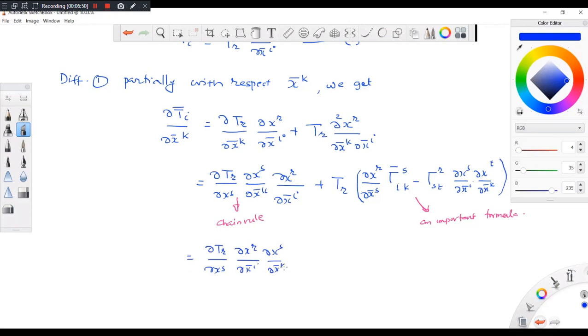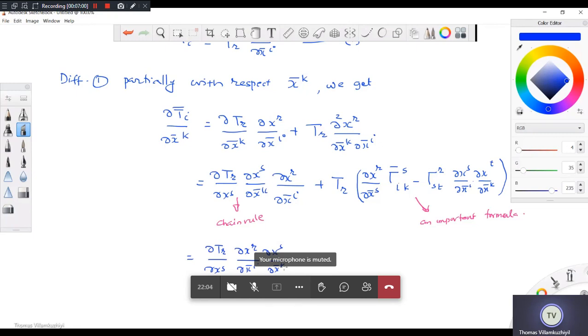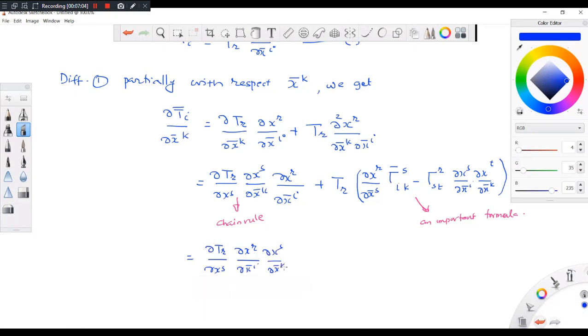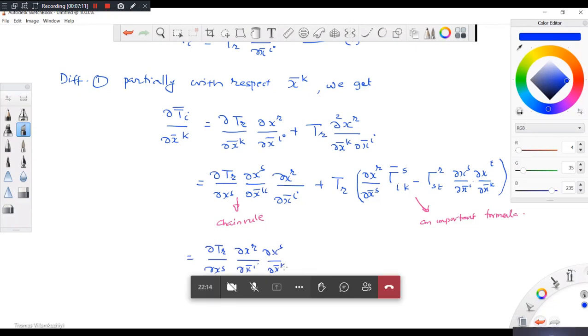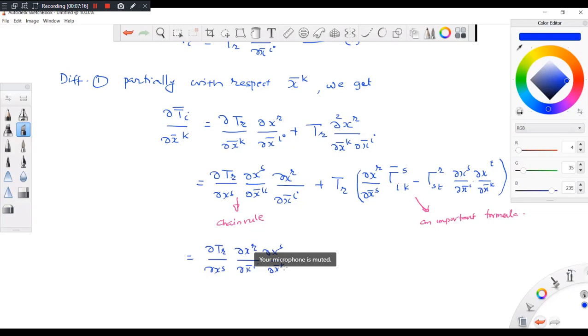Plus here I multiply with this: T r gamma bar s i k into del x r by del x bar s, minus T r gamma r s t, then del x s by del x bar i del x t by del x bar k.